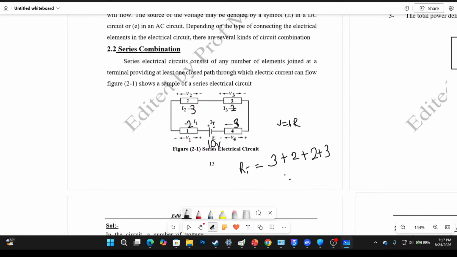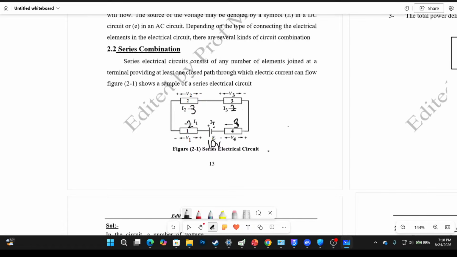So now, how do we calculate for resistors in series? To calculate for resistors in series, we sum up the resistance of the resistors. So we have our R1 to be 2 ohms, R2 to be 3 ohms, R3 to be 2 ohms, and R4 to be 3 ohms.